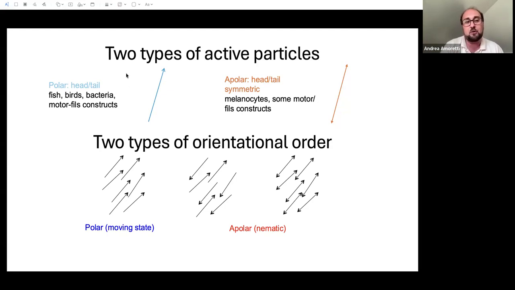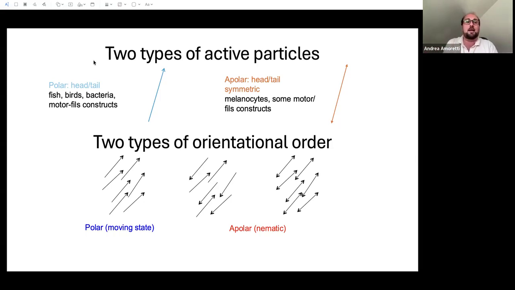In our talk, we will mostly focus on the polar system, as the title says. Or there is also the kind of system in which the interactions are apolar, so you cannot distinguish the tail from the head. For example, this is the case in active rods and systems like that.